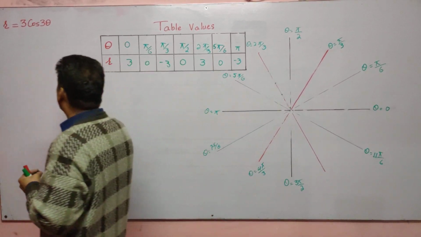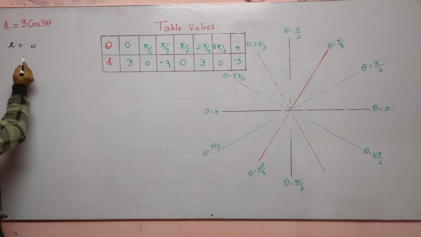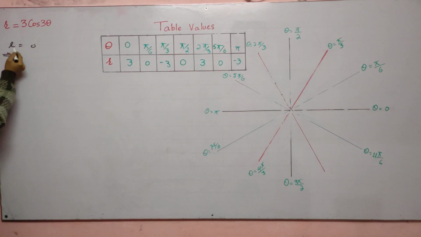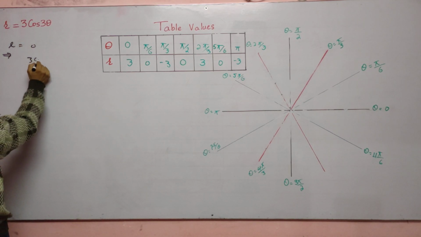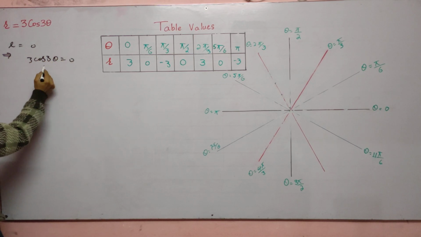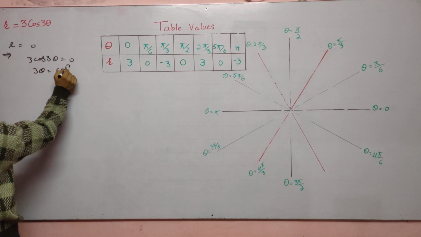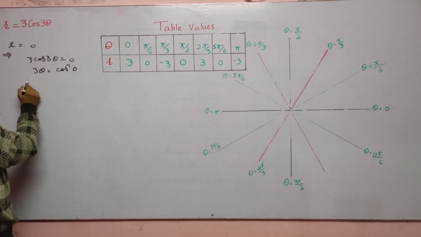When r = 0, this implies 3 cos 3θ = 0. So 3θ = cos inverse 0.